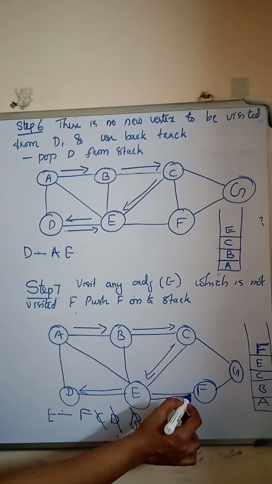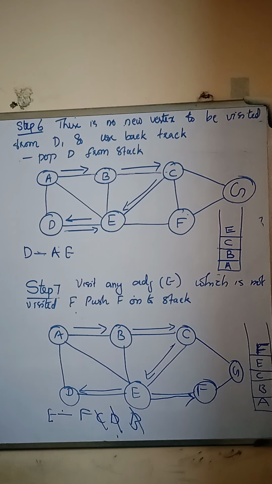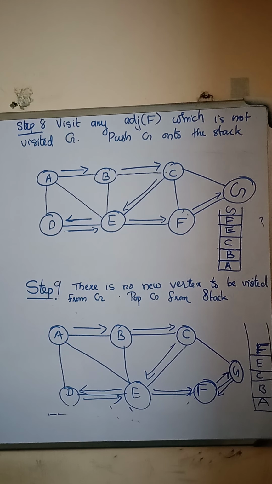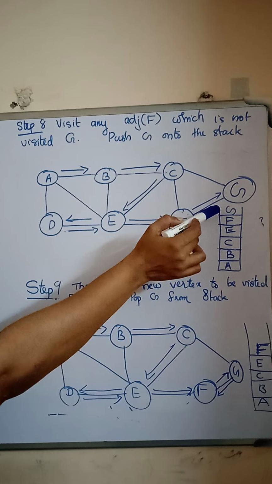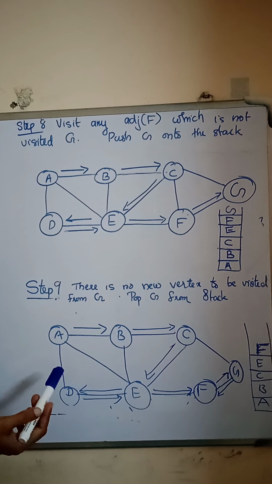So we push F onto the stack. Next, visit the adjacent vertex of F which is not visited, which is G. So push G onto the stack.